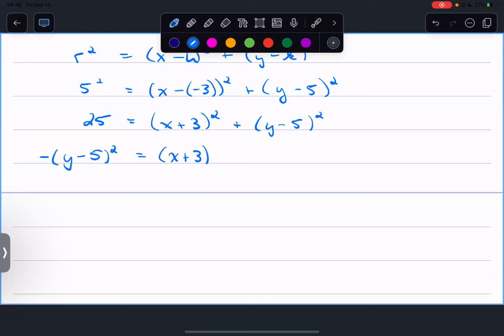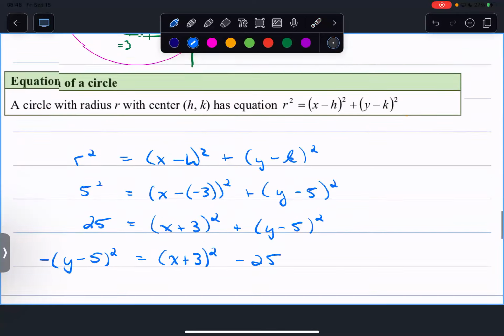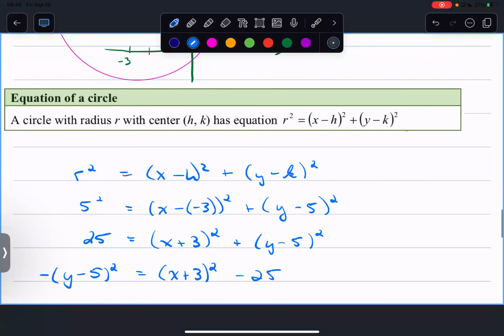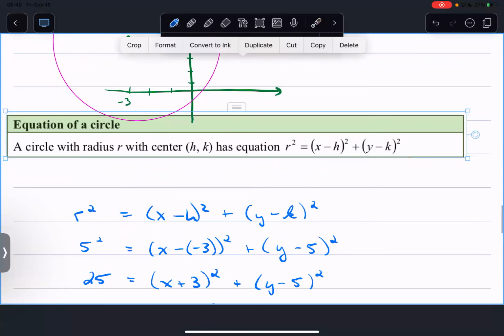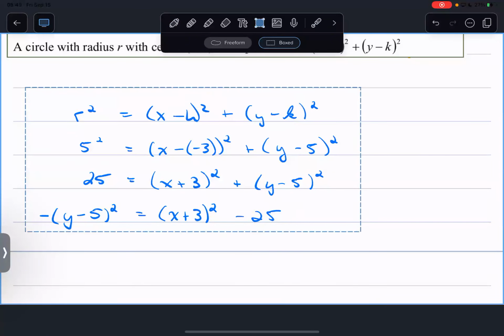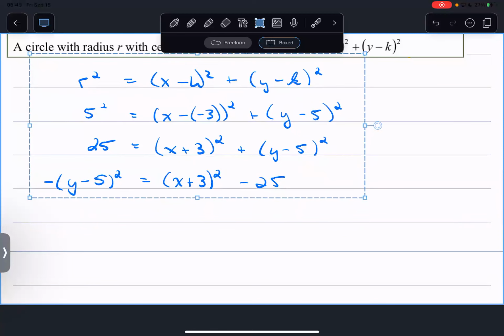Maybe I've bit off more than I want to chew. Minus 25, we'll see. Maybe I need to buy myself more room. Fine, one more line. Can I do it? Well, we'll see. Okay. Oh, yeah, what a mess I've made.